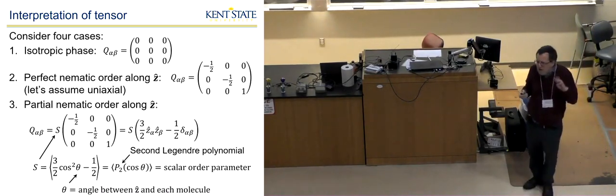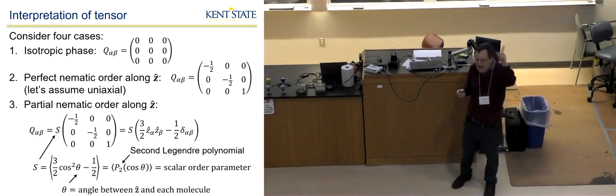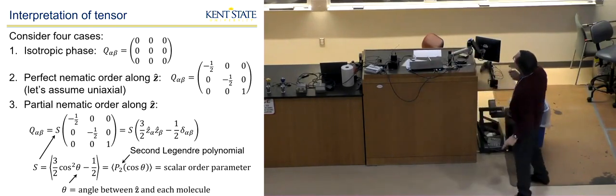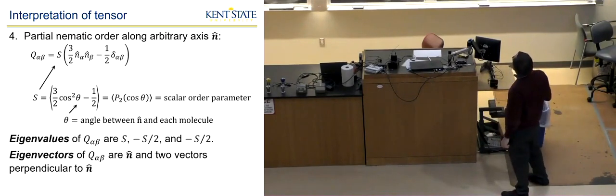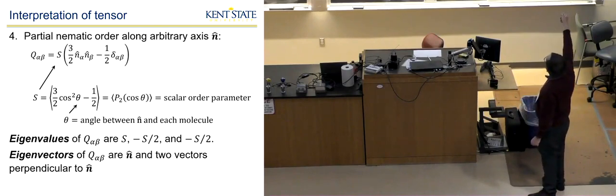But those are not the only three choices. You might have alignment along any funny diagonal axis, anywhere in three-dimensional space. In that situation, you would say there's order along some arbitrary axis, n.